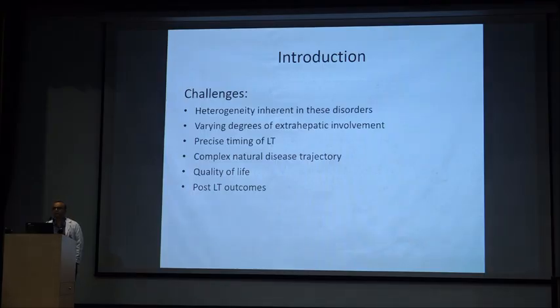Then the precise timing of LT, when to perform it, when the child is too small, or late, if you are performing it late, is it too late, or more importantly, before the manifestation of neurological disabilities. And this is all related to complex natural disease trajectory.